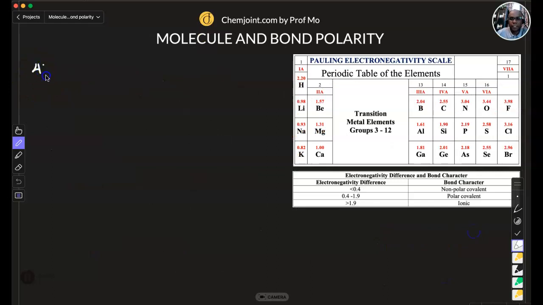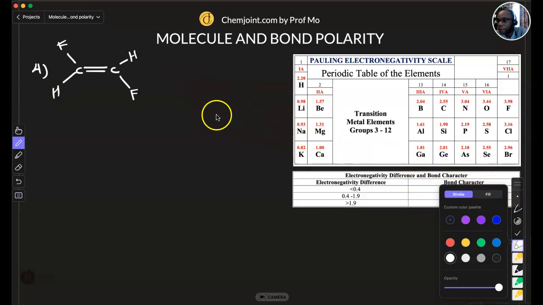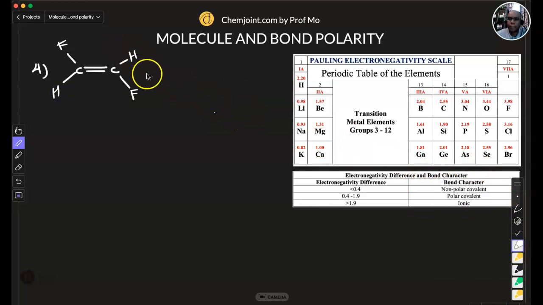For the fourth example, I'm going to give you an alkene. Let's say you have this alkene. I can tell you that the CF bond will be polar covalent.